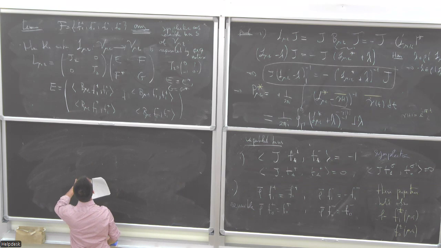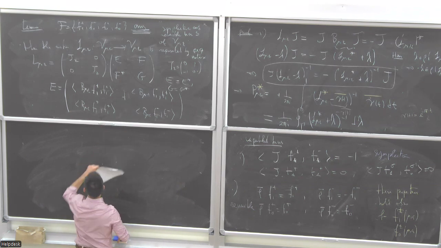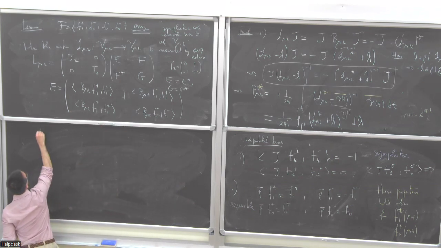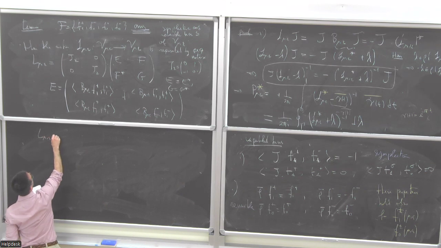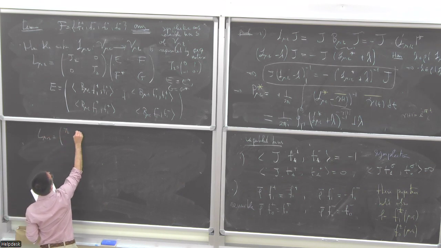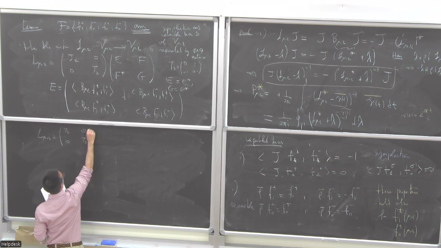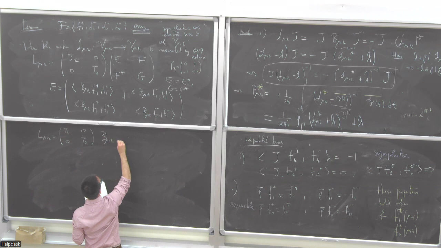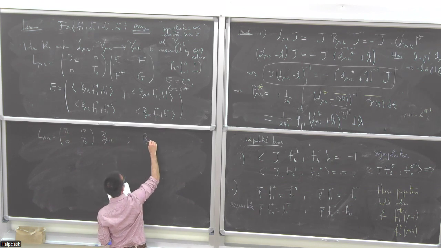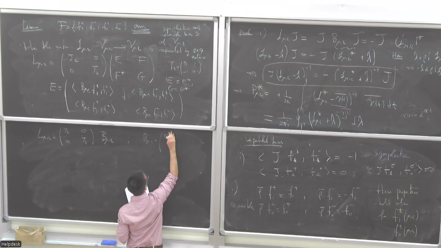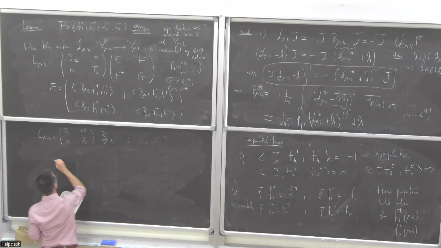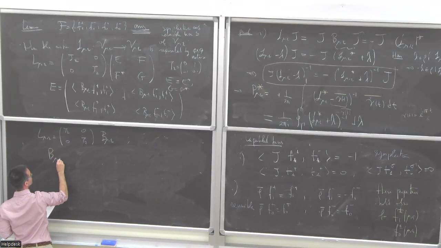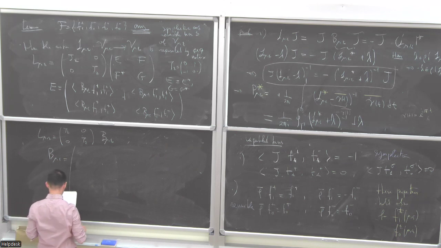Sorry, maybe this is not very clear at this point. So let me write it like this. L mu epsilon is equal to this matrix J2, 0, 0, J2, and the matrix B mu epsilon. B mu epsilon is a 4 times 4 matrix given by this.